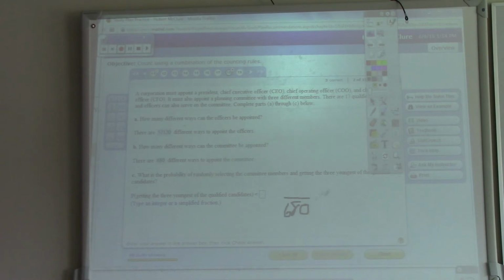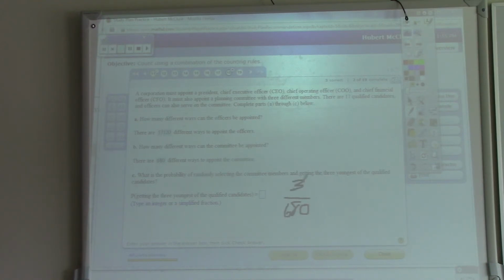Now let's say that the three youngest is John, James, and Jerry. If they're included with the committee members, and there are 3 committee members, then that would be 3 out of what?